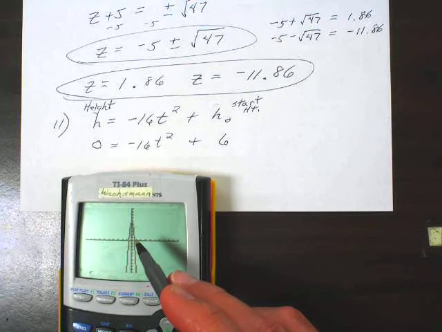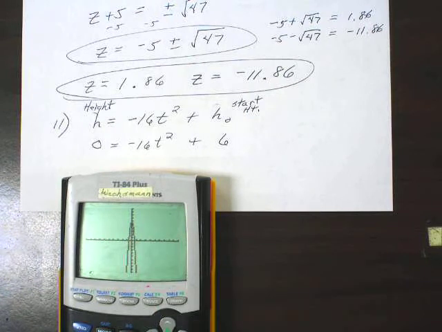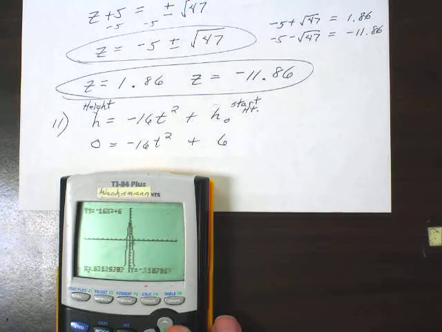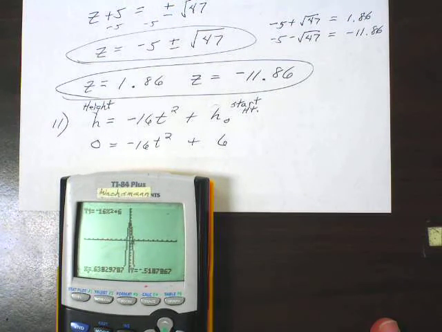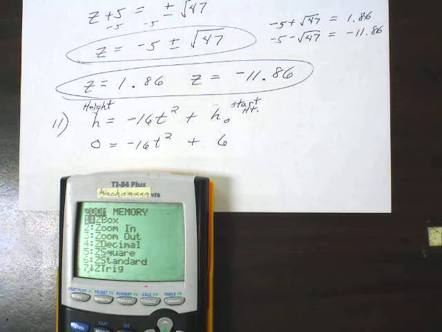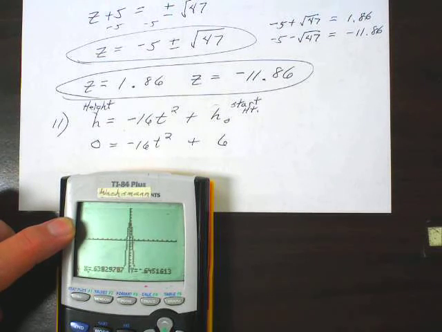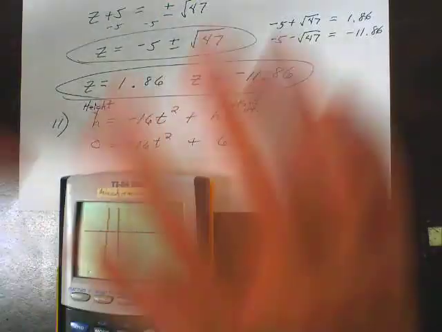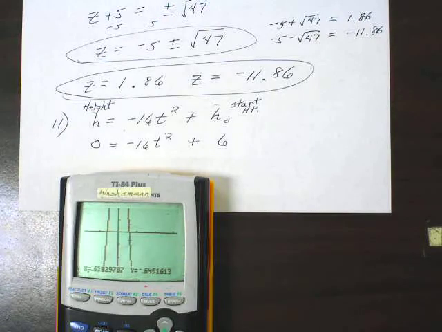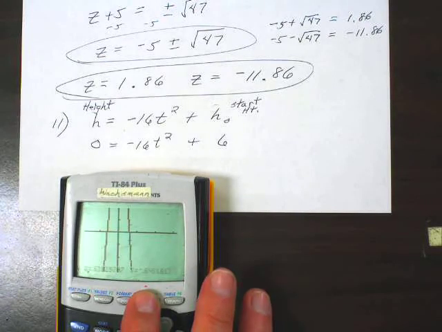That's the point we want to know. The easy way to do this is to just hit trace and then move it down here close and then zoom in. So go to zoom, number 2, zoom in and hit enter. Now it'll zoom in closer and we can get a little better read on it. So hit trace again.